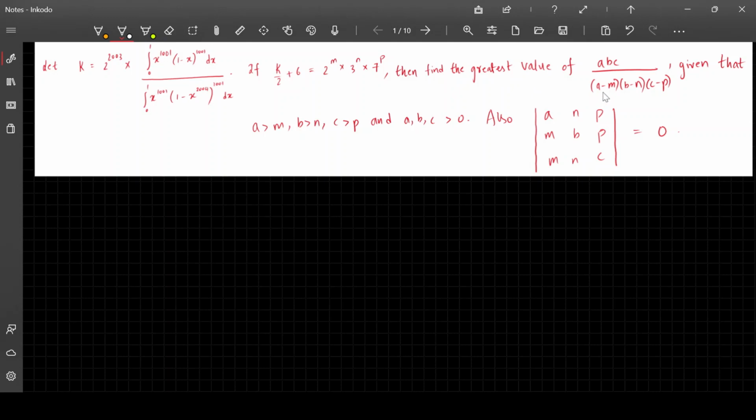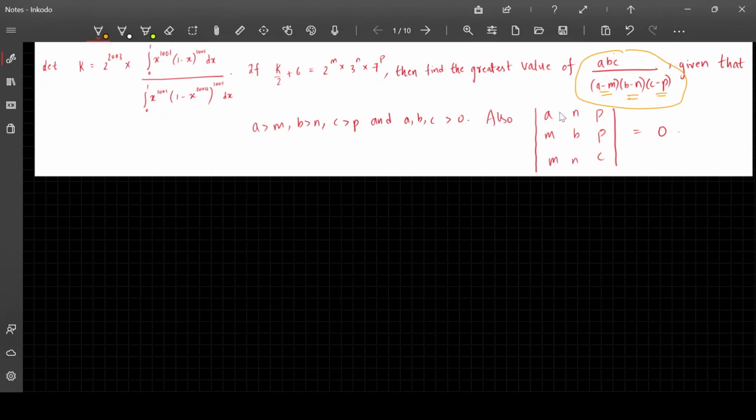If that is the case, each factor in the denominator will be positive, and also abc is greater than 0. So the numerator is greater than 0 and the denominator is greater than 0, so the total fraction is greater than 0. Of course we don't actually need that, but still we need to find the greatest value of this whole fraction.